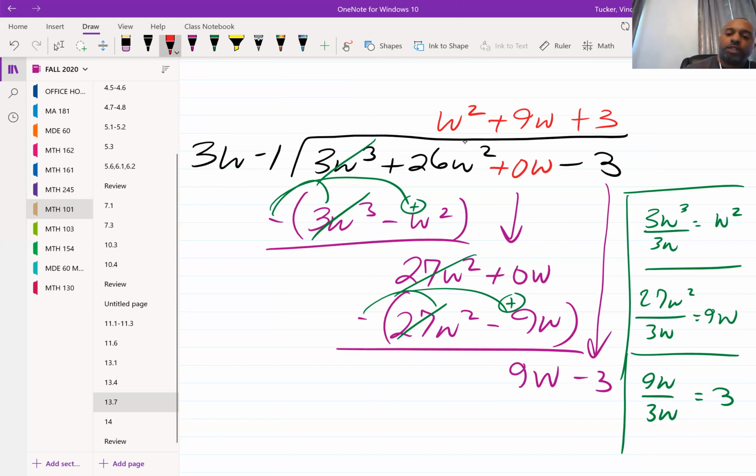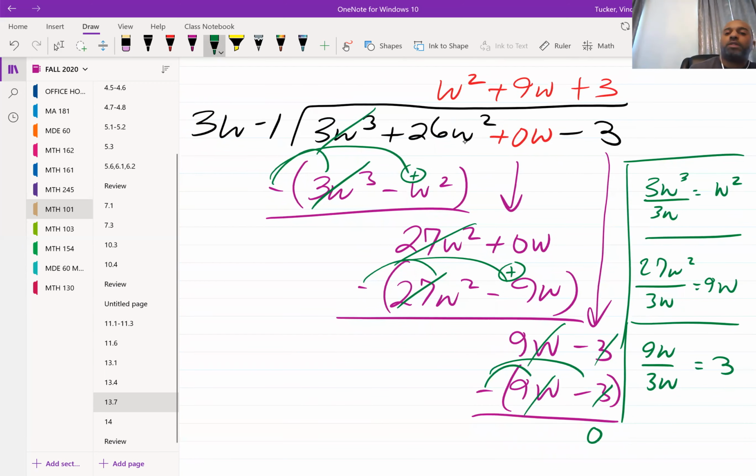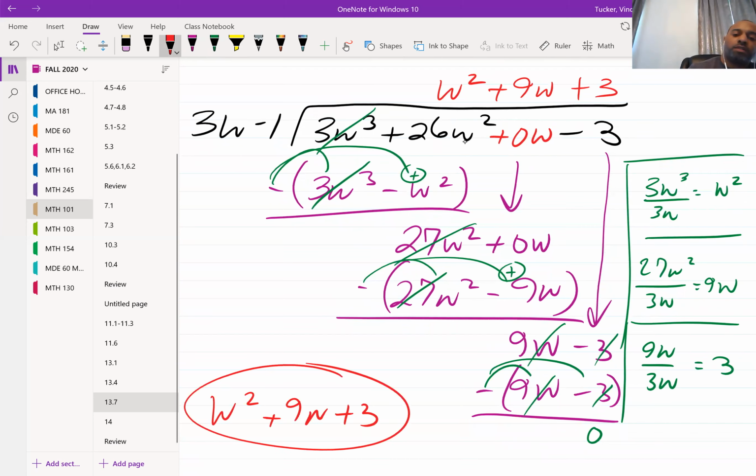So 3 times 3w is 9w, 3 times -1 is -3. You distribute that negative. Each one of these should cancel, giving you 0, meaning that our answer is w squared plus 9w plus 3.